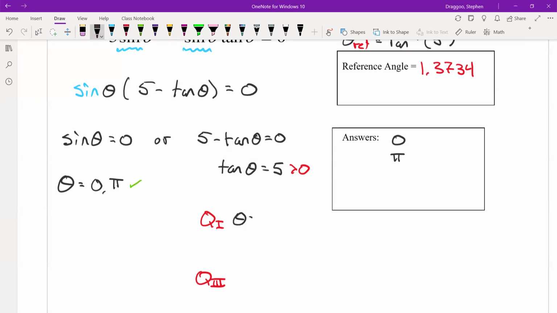So in quadrant 1, theta and the reference angle are one and the same. So that's just 1.3734. And in the third quadrant, I'm looking at pi plus the reference angle.